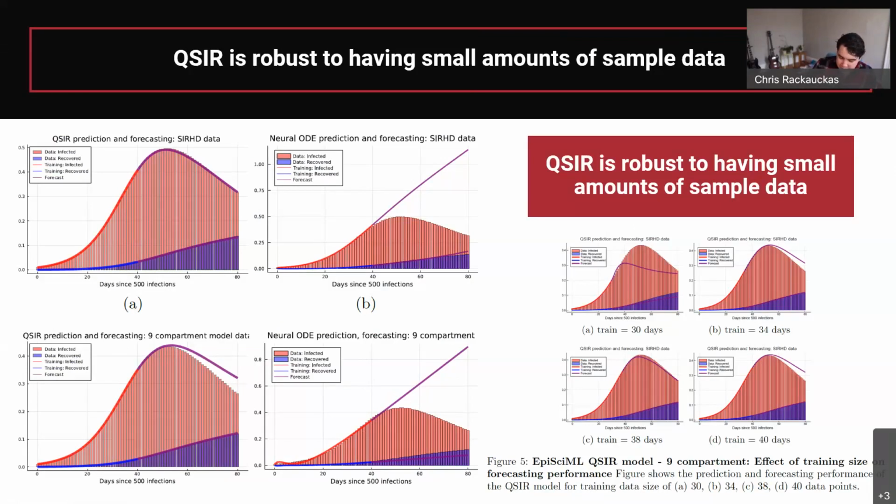But I think this leaves open a fairly interesting unanswered question, right? I'm using the term prior information and information from models very, very loosely, because we don't have a nice way of saying that the information content of the QSIR is 5 versus the neural ODE, which is 1, and therefore it predicts better from data.